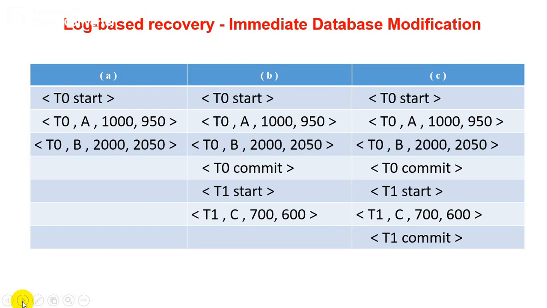So the user as well as the software don't wait for commit. They can directly update a value as per a particular instruction or particular transaction completed. Means within an active state, they are updating a database value.